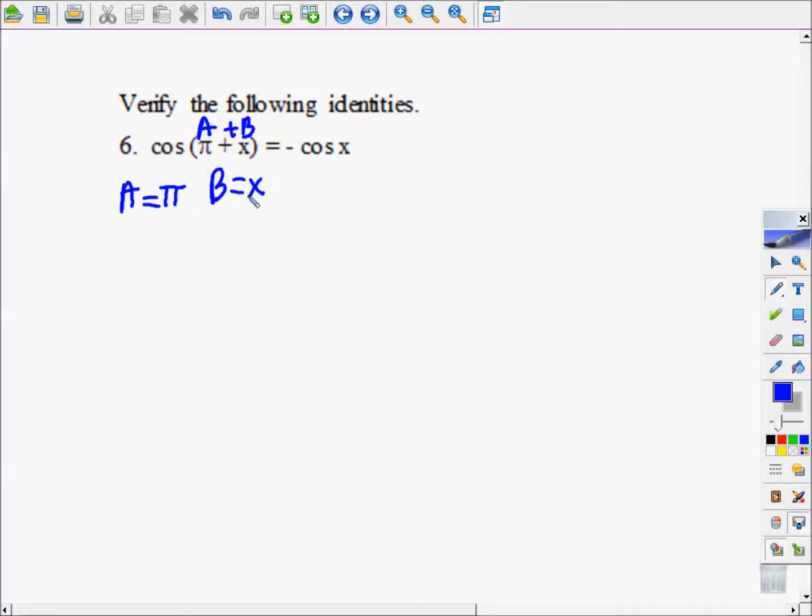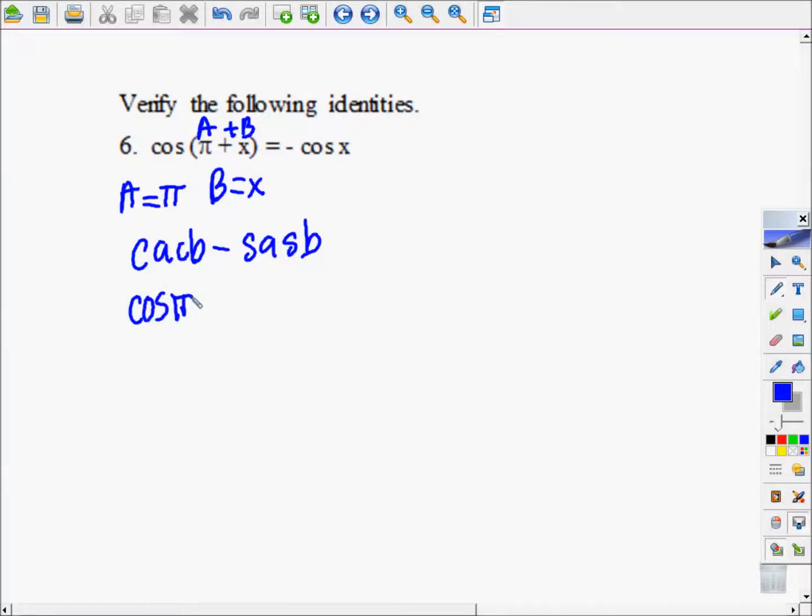If it says cosine of A plus B, what formula am I using? Cosine of A plus B is CACB minus SASB. So I need to plug in the cosine of A, and what did we say the cosine of A was?